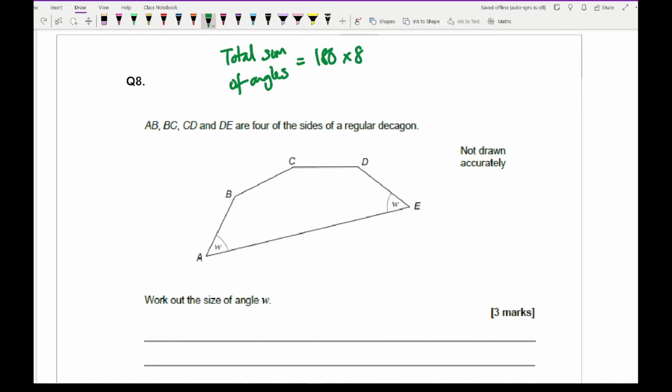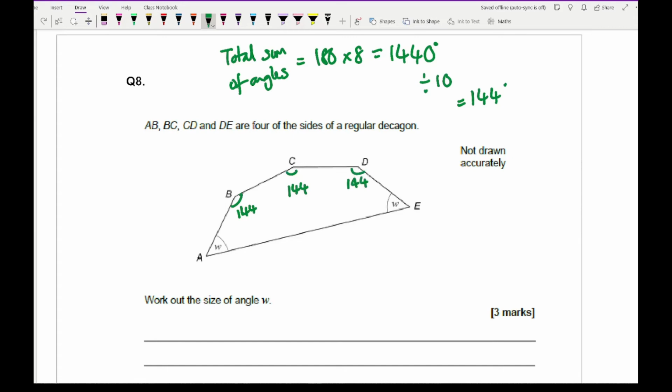If I do 180 times 8, I get an answer of 1440 degrees. Now if I then divide that by 10, I get 144 degrees. So that means that this angle here is 144, this angle here is 144, and this angle here is 144.